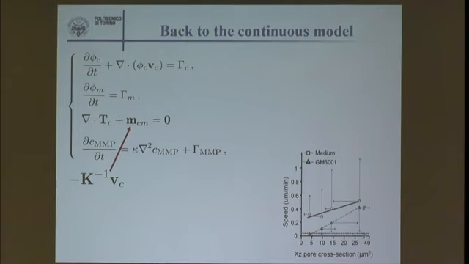And this is, in some sense, the force balance. This is the stress related to cell compression, to the behavior of the cell, and this is the interaction force of the cell with respect to the matrix. Usually this term is taken to be proportional to the relative velocity of the cell with respect to the extracellular matrix.